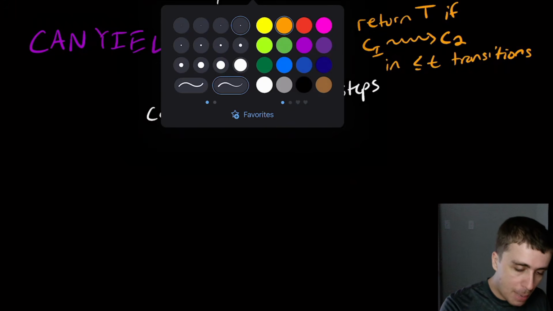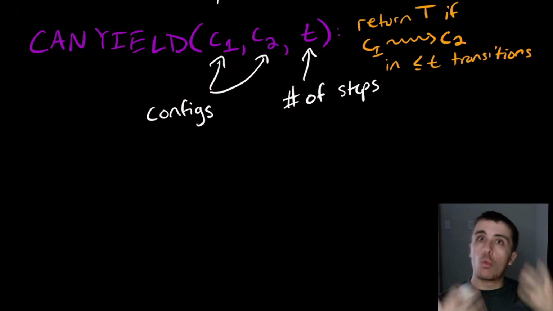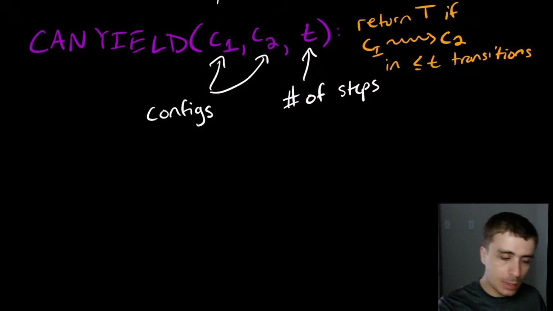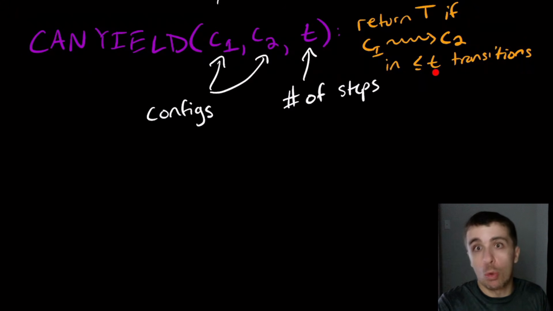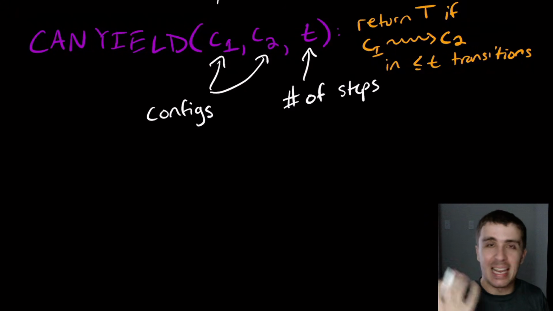So how would that possibly work? Well, what is the base case here? The base case is when T is 1. If T is 1, that means I need to get from C1, which is just some configuration, to another one in at most 1 transition. So it's either 0 or 1, obviously, right? You can't have a negative number of transitions.